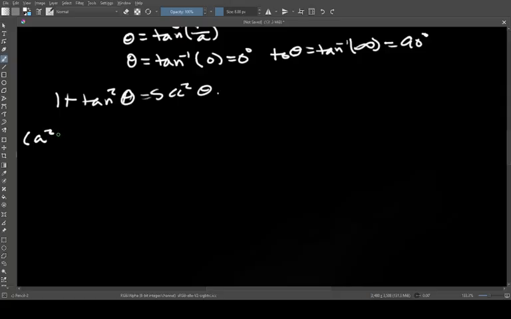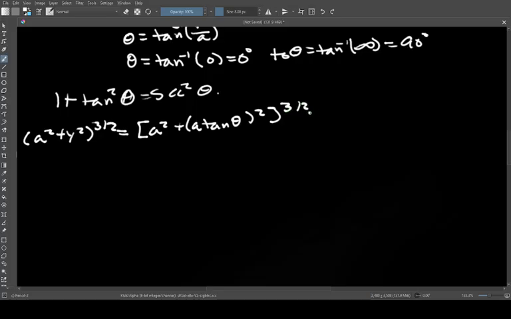We have a squared plus y squared to the power of 3 halves, which is equal to a squared plus a tan theta squared to the power of 3 halves, which is equal to a squared times one plus tan squared theta to the power of 3 halves.